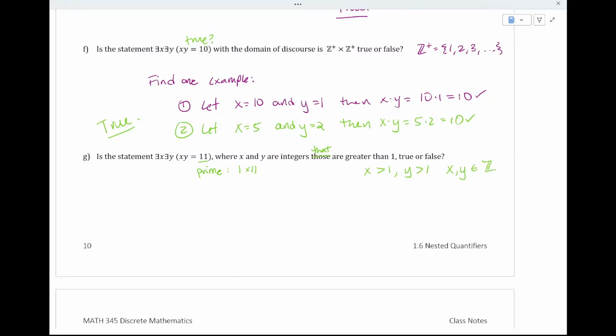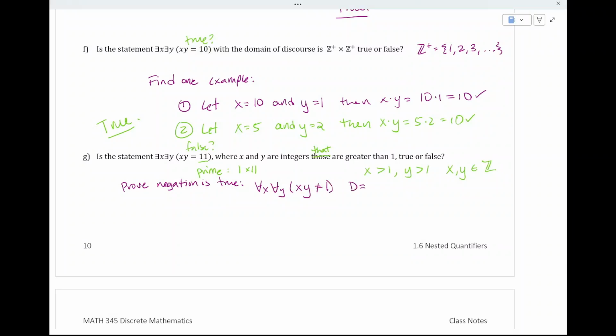So there's no way to get to 11 with integers and not use 1. So I think this is going to be false. So let's prove the negation is true. And the negation is for every x and every y, x times y is not equal to 11.